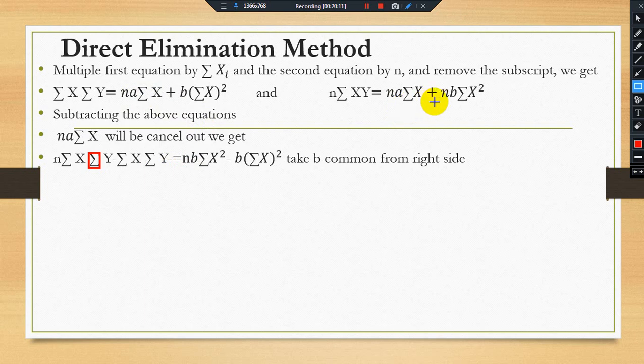See, this is nb summation x square minus, this part will remain, minus b summation x square, and take b common from the right side. From the right side we are going to take b as a common.